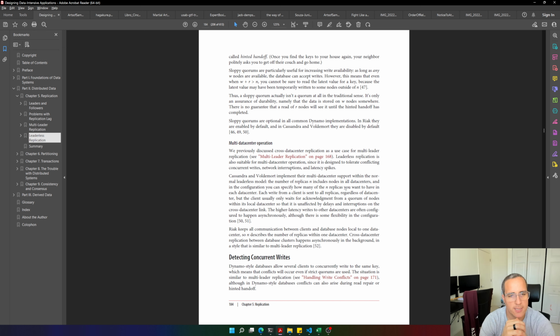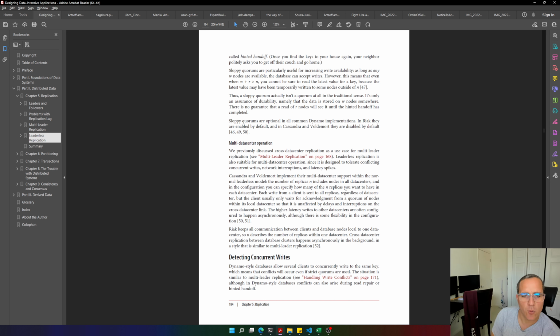Cassandra and Voldemort implement multi-data center support within the normal leaderless model: the number of replicas n includes nodes in all data centers, and in the configuration, you can specify how many of the n replicas you want to have in each data center. Each write from a client is sent to all replicas, regardless of data center.